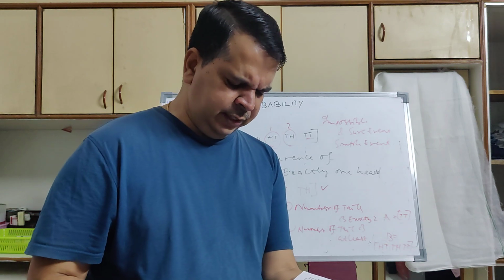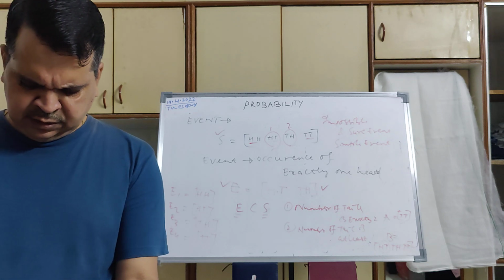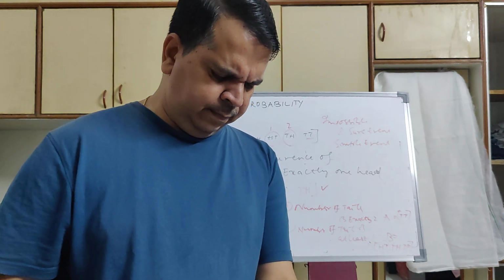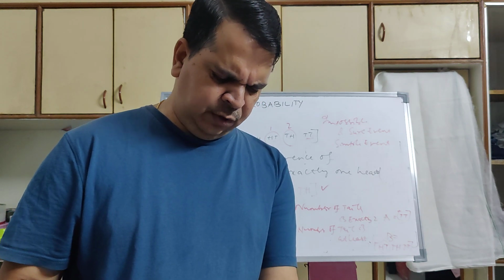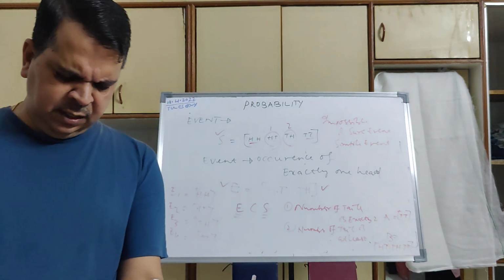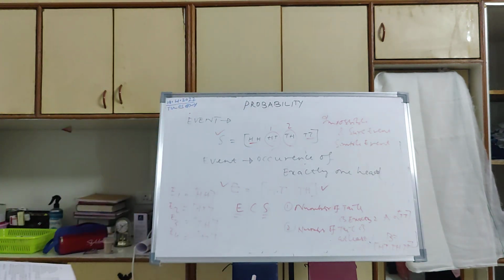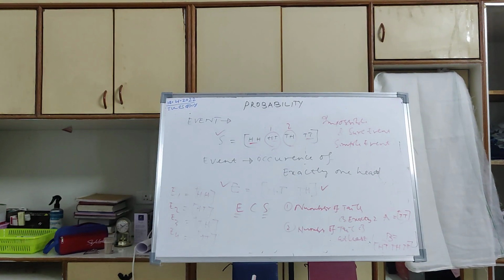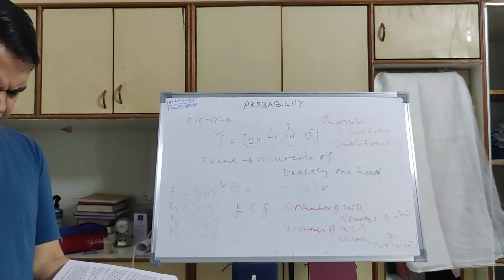Algebra of events. In the chapter on sets, we studied different ways of combining two or more sets, like union, intersection, difference and complement. Likewise, we can combine two or more events using the analogous set operations.